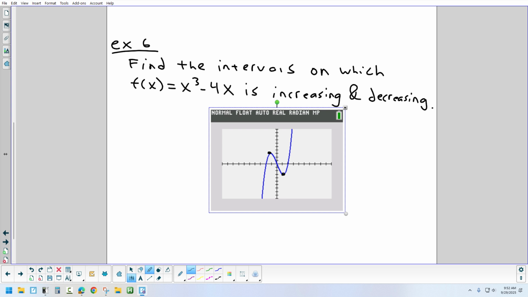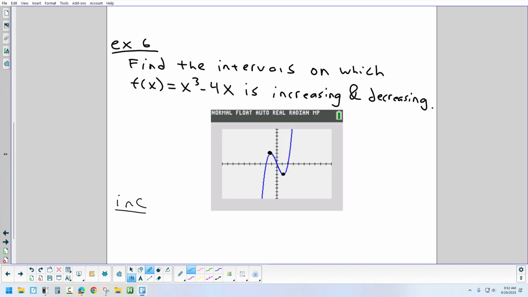Those are very important. And we are going to be increasing from negative infinity right up to that point. I don't think we found that one, but it happens to be symmetrical with the other one. What was the x value on this one? Yep, 1.15. All right, this one just happens to be negative 1.15.